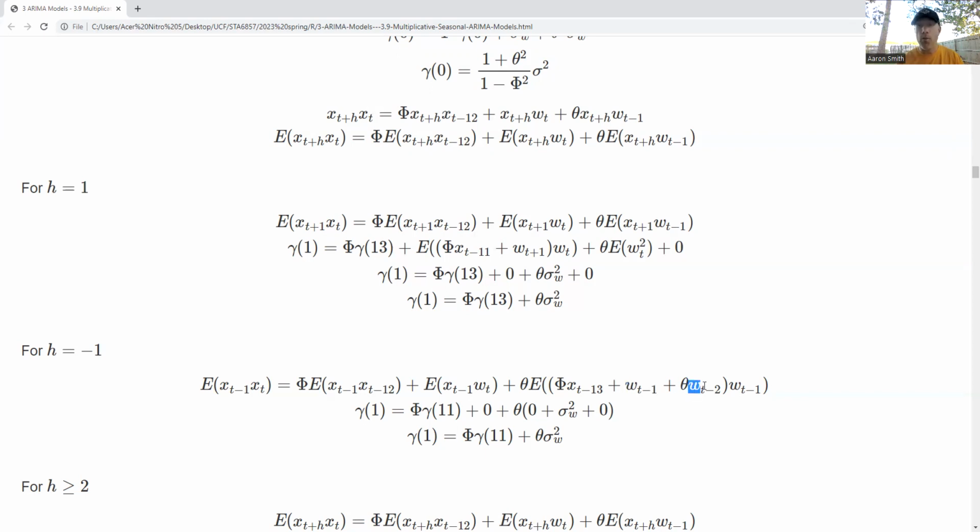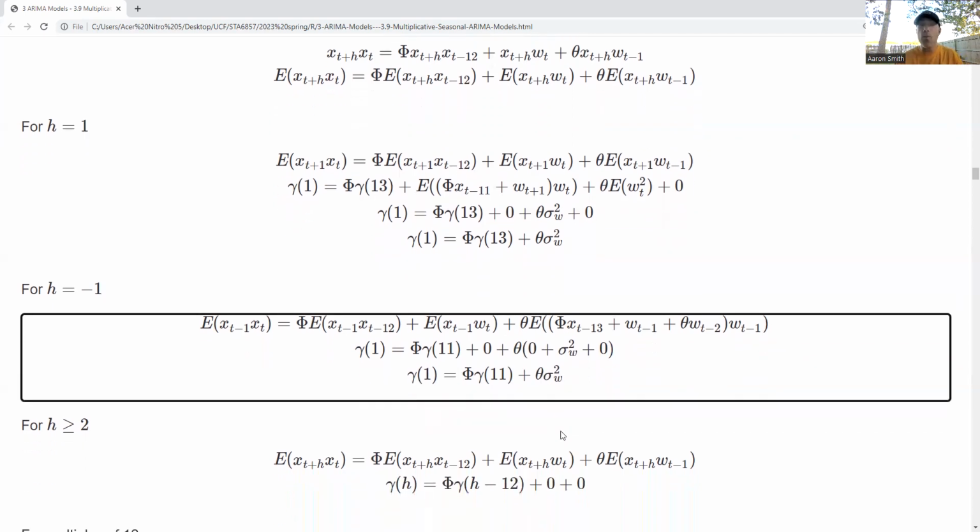And then when I distribute to this part, I have two white noise terms of different index. So I know the product of white noise of two different indices is going to have 0 for my autocovariance. All right. And so then boom, I've got that right there. All right. And so then we see this result there.